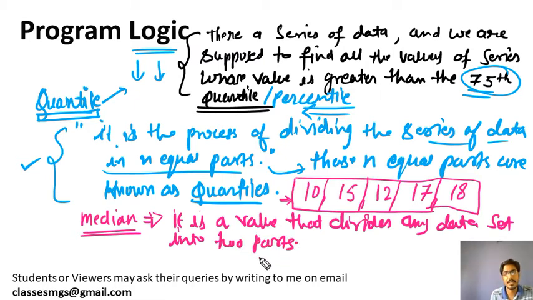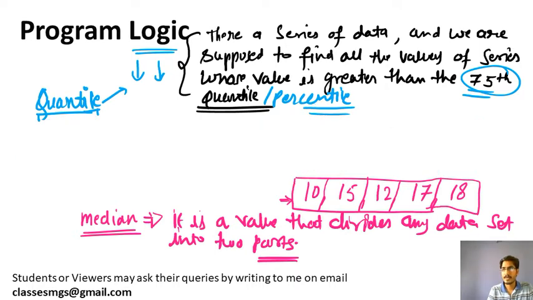Median is a value that divides any data set into two parts. Let's suppose this is the data, and you are supposed to find the median of this data. Then how can you find it?